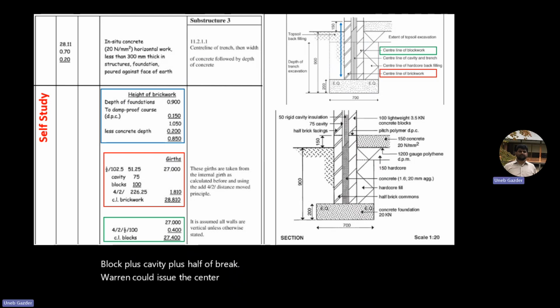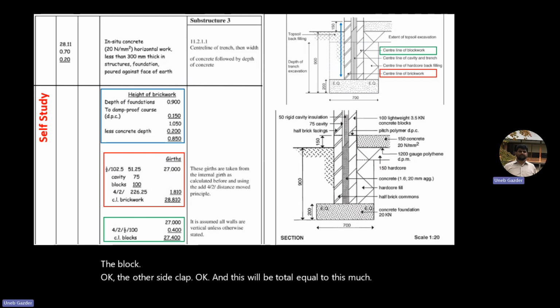To reach the center line. This is what they're doing here. This plus half of the brick plus cavity plus the block. Okay, the other side. Clear? And this will be total equal to this much.